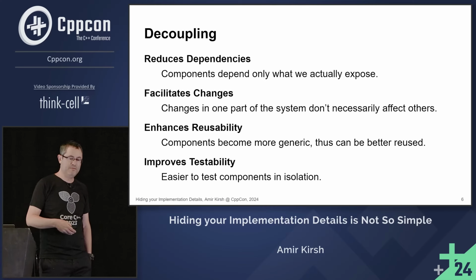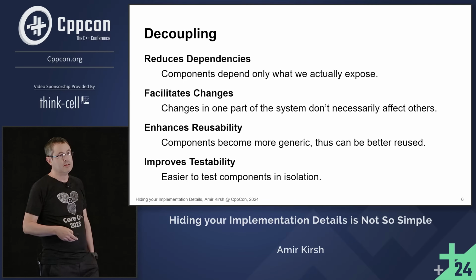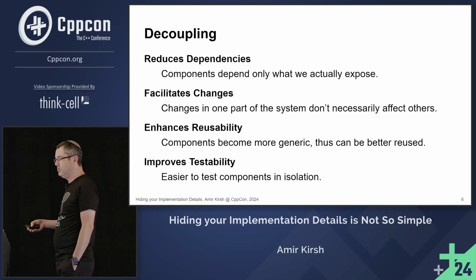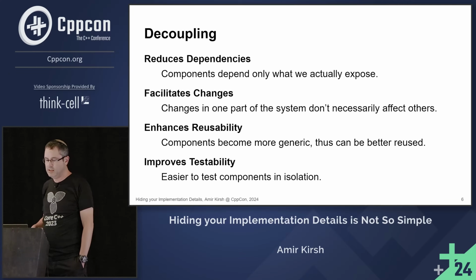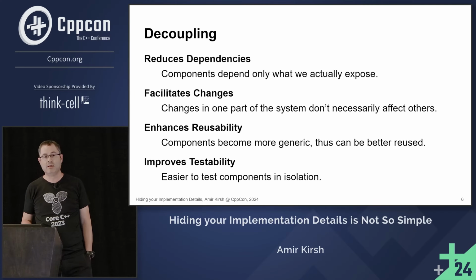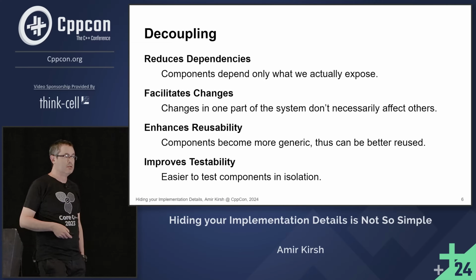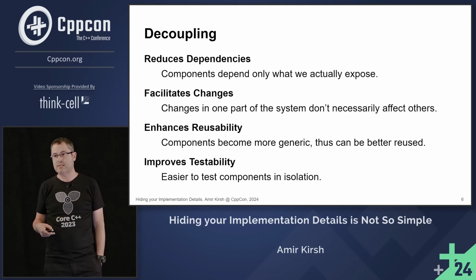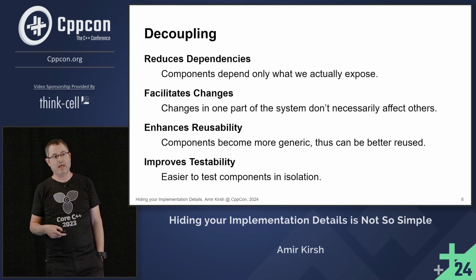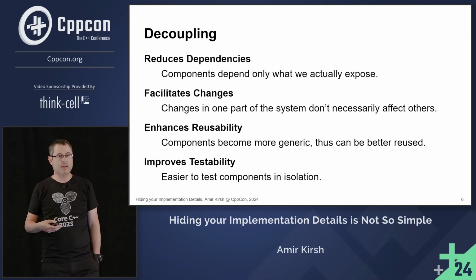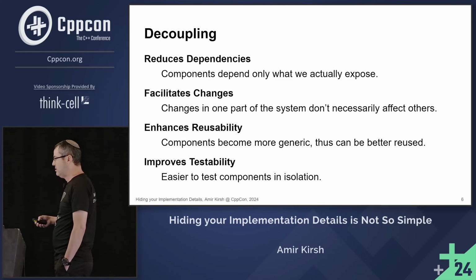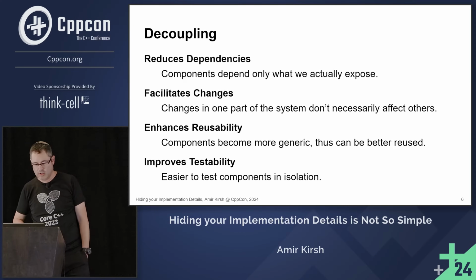And again, it facilitates changes because it is easier to change things that are not known to the other side. It enhances reusability. Once I do not bring with myself too much noise, only the necessary things, then the thing can be easily used and can be re-implemented for other usages without any additional noise that I want to avoid.